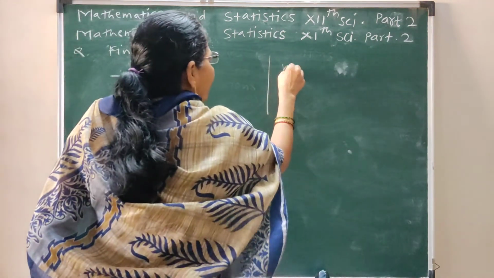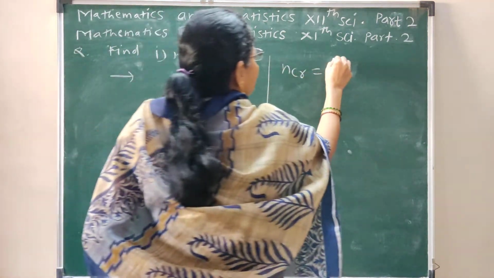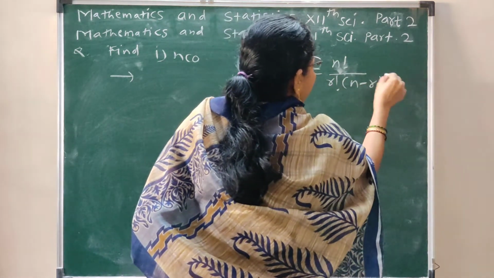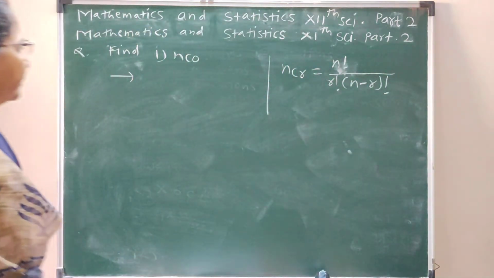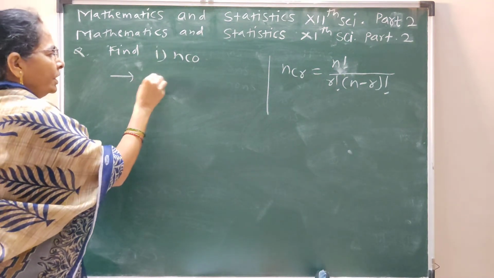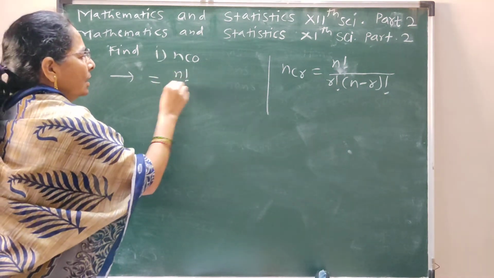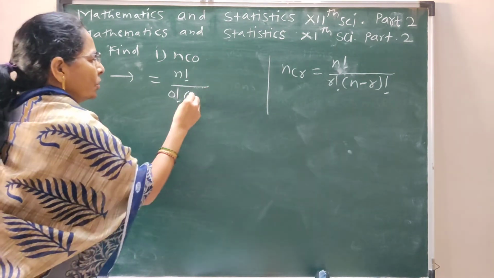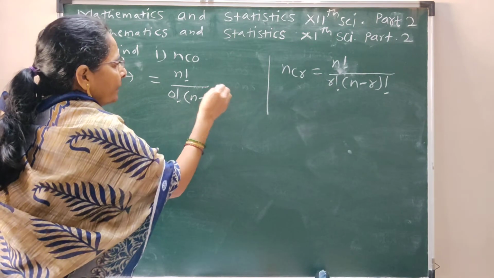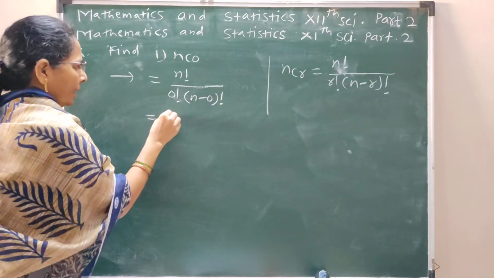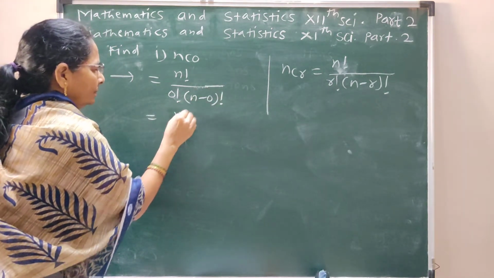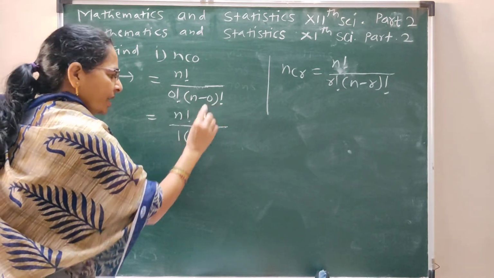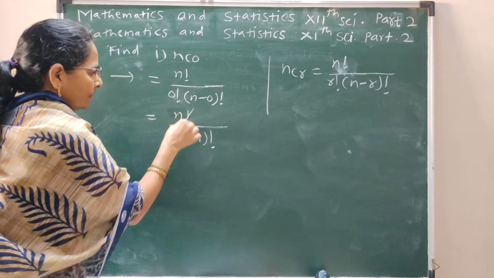The combination formula is nCr equals n factorial over r factorial times (n minus r) factorial. nC0 is equal to n factorial over 0 factorial times (n minus 0) factorial. 0 factorial is 1, n minus 0 is n, factorial.